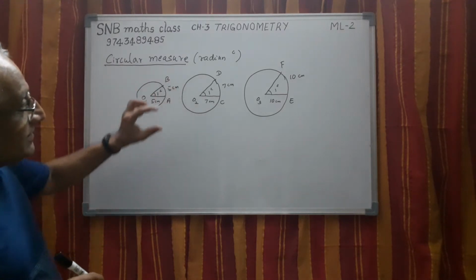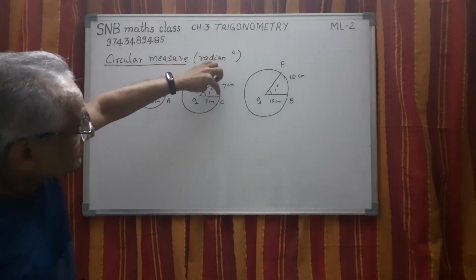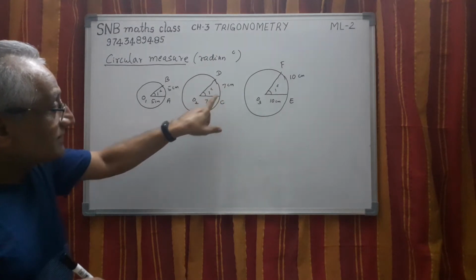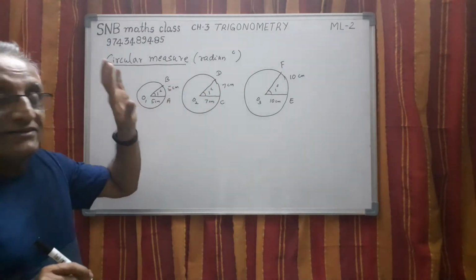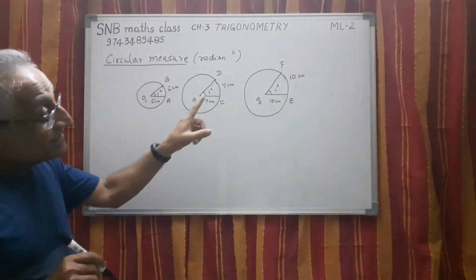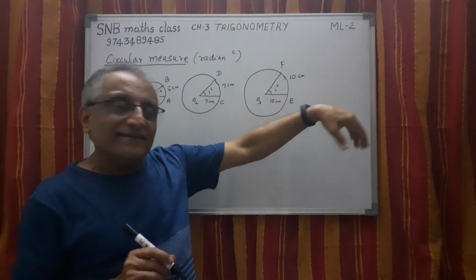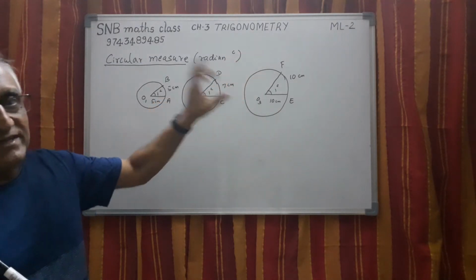That means an angle is subtended at the center by an arc such that, two conditions, length of the arc and length of the radius both should be equal. If that is the case, this angle is called 1 radian, and this is a constant. That means it is not depending on the circle, any circle it is same. Condition is arc length must be equal to radius.